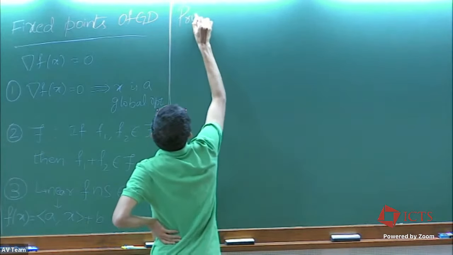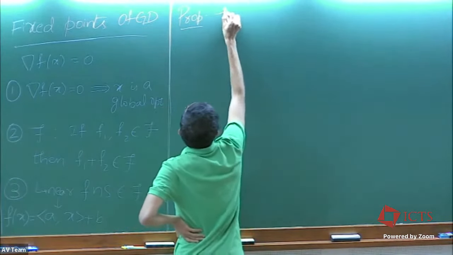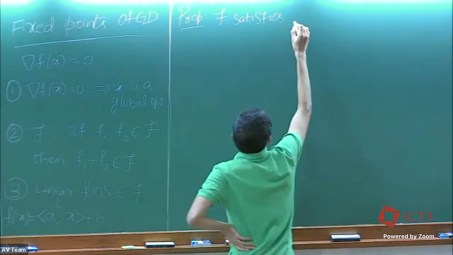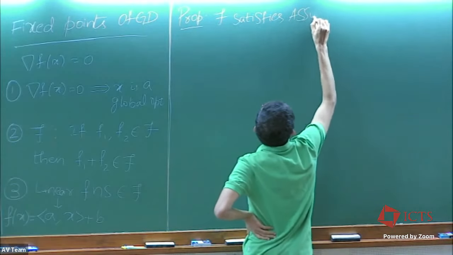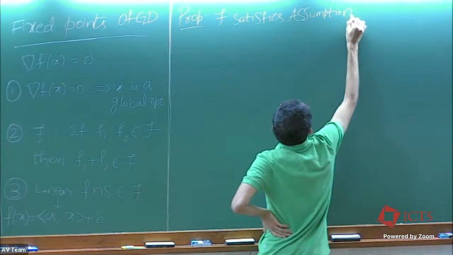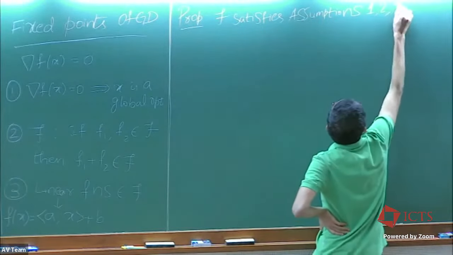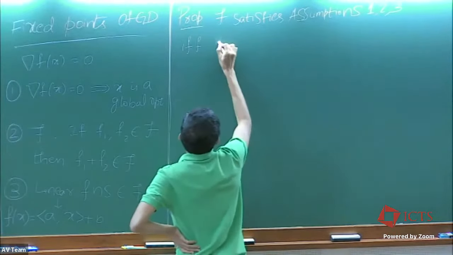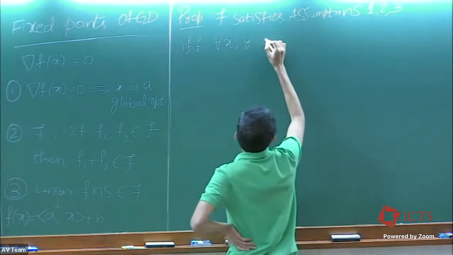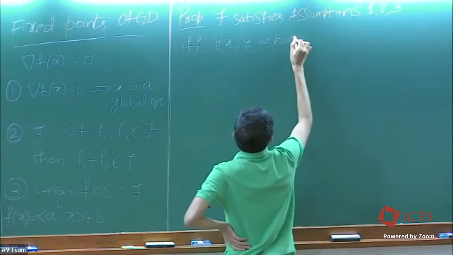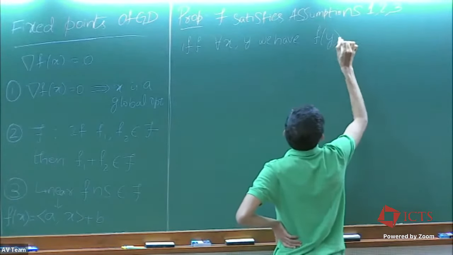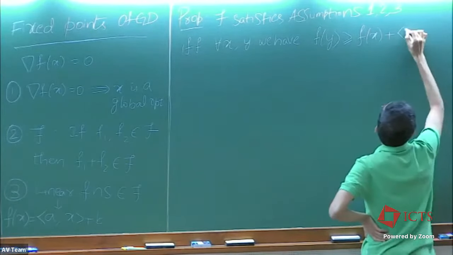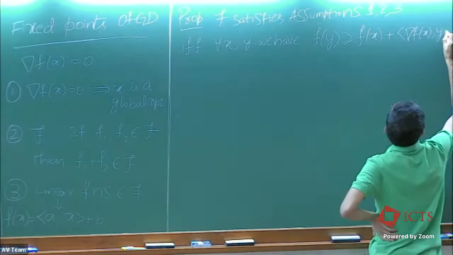So the proposition is the following. The class of functions F satisfies the three assumptions, one, two, three, if and only if for every x and y, we have that f of y is greater than or equal to f of x plus the gradient term.